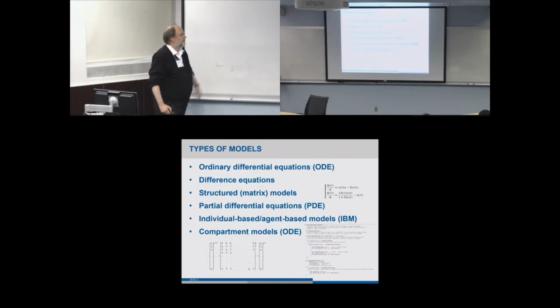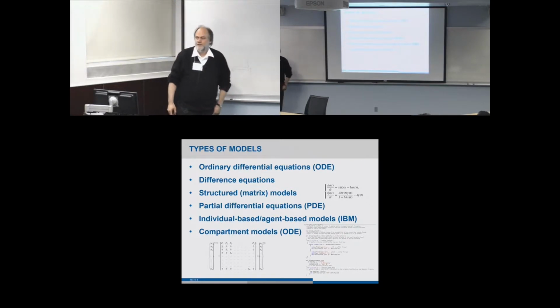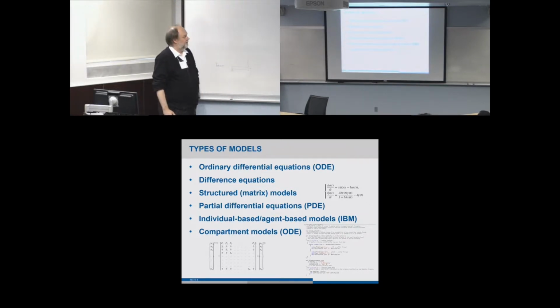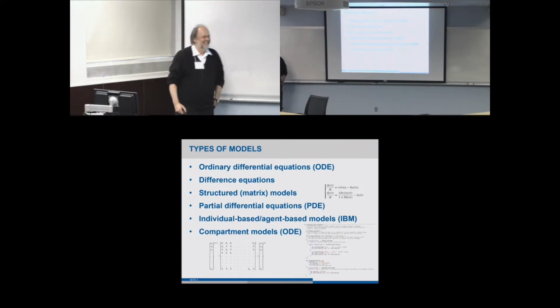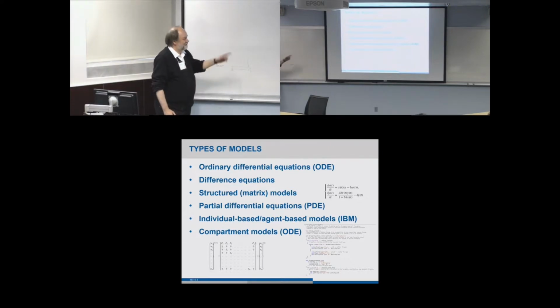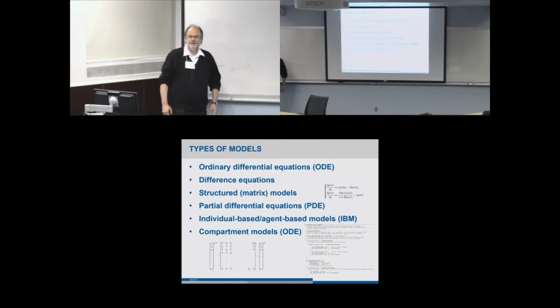So, the types of models, Valerie mentioned them yesterday. I will not go into detail here regarding terminology. By the way, individual-based was a term which was used a lot in ecology. Agent-based was a term used a lot in social sciences. There have been differences.